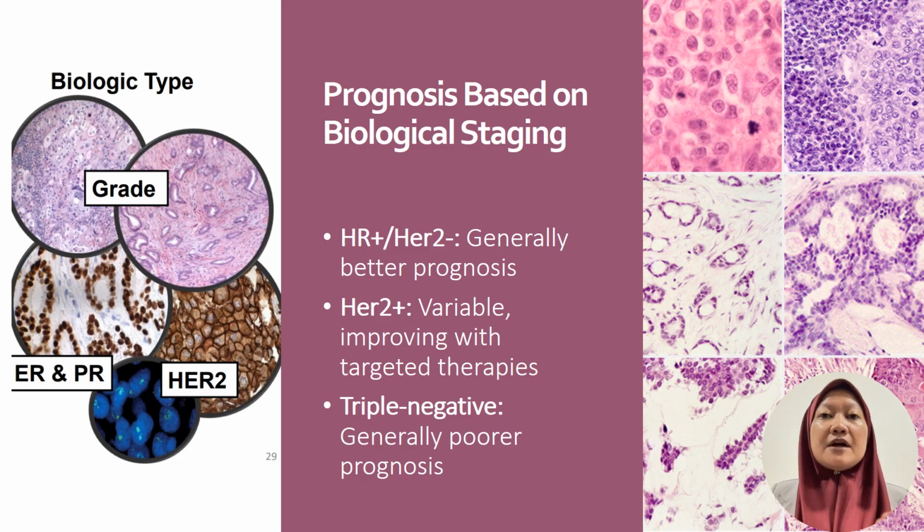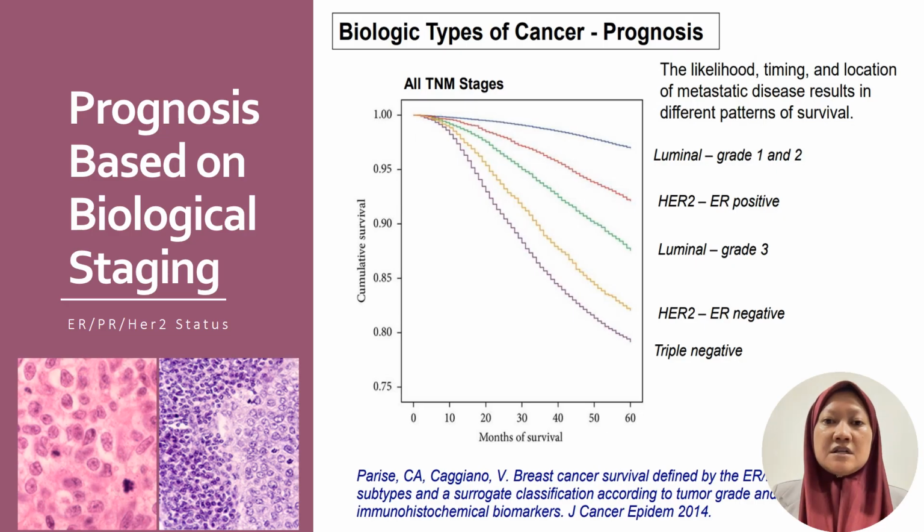Based on the biological staging, generally the hormone receptor positive patient with HER2 negative has a better prognosis. The HER2 positive variety is improving with the targeted therapies that I mentioned earlier, the Herceptin or trastuzumab, whereas the triple negative generally has a poorer prognosis.